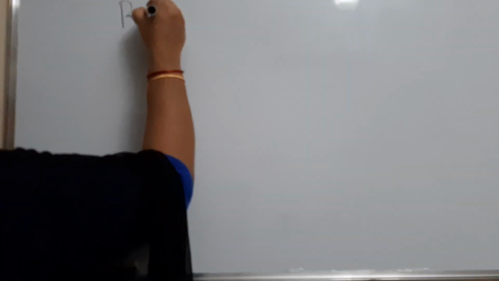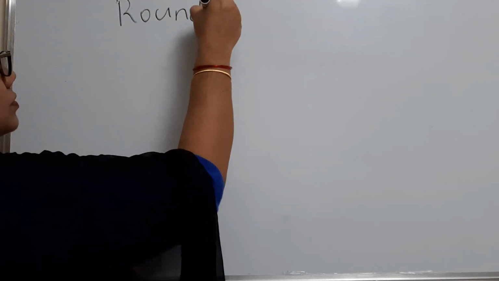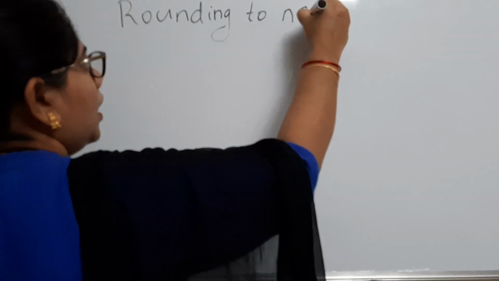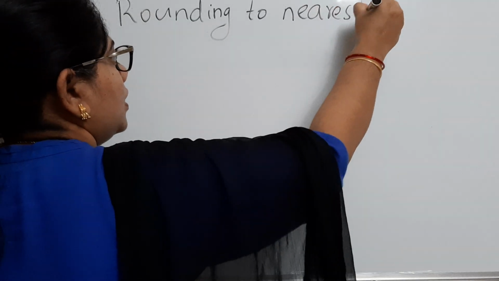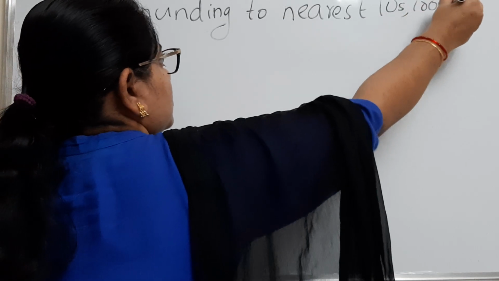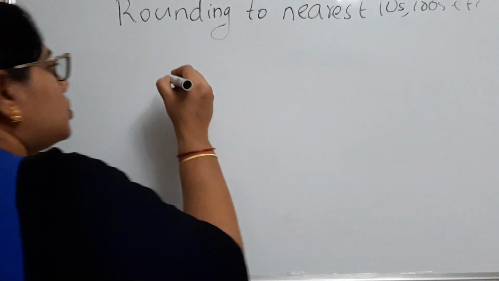Good morning. Today we are going to check how to do rounding to the nearest tens, hundreds, thousands, like that. So first we can see how we round to the nearest tens. While doing rounding to the nearest tens, you want to check.